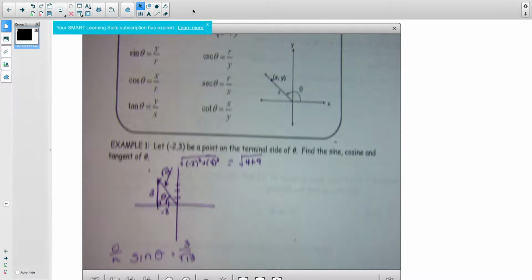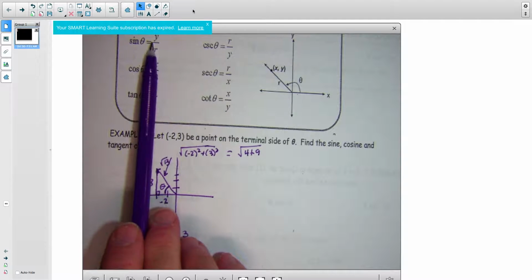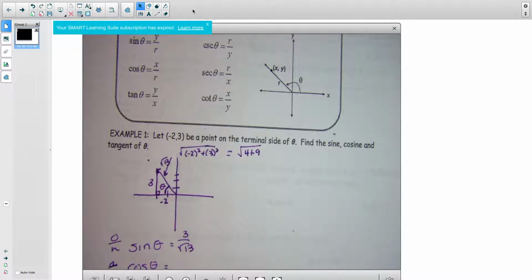Does that hold true with what this says, that it's the y value over the r? Yep, y was 3. Cosine is adjacent. Okay, I used the negative, -2 over square root 13. That holds true up here too. And then tangent is opposite over adjacent, which is 3 over -2.